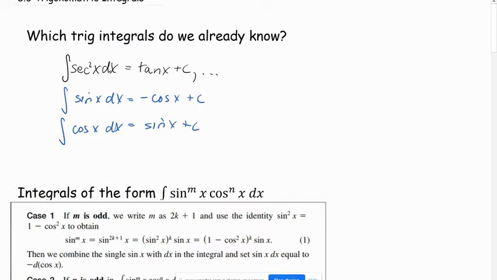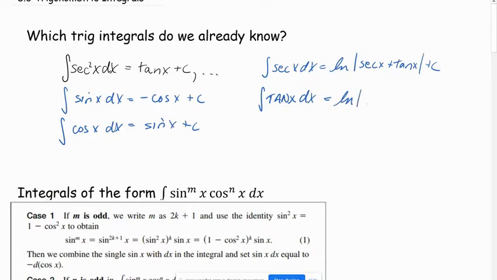Some others that we derived earlier, back in the 7.2 notes, we derived that the antiderivative of secant x is the natural log of the absolute value of secant x plus tangent x. And when we learned about taking derivatives and integrals of natural logs, we learned that the antiderivative of tangent x is the natural log of secant x.